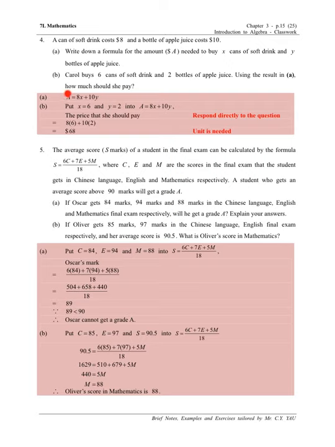The formula relating the amount to buy X soft drinks and Y bottles of apple juice. And this time Carol decides to buy 6 cans of soft drinks and 2 bottles of apple juice.